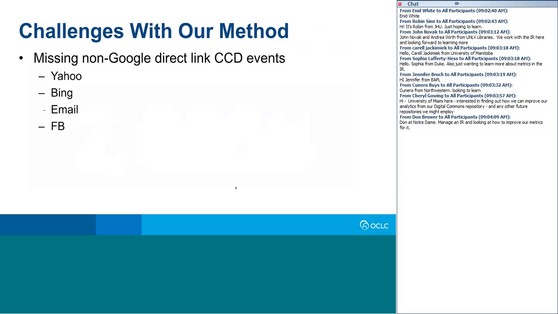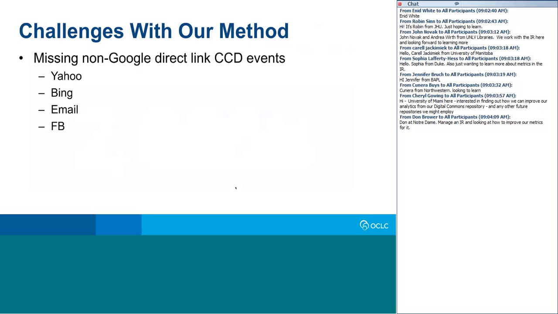So there were some challenges with the method that we developed. The first is that because it's Google Search Console, it's only counting downloads that come from Google search properties. So Google Scholar, Google Images, and so forth. It's missing Yahoo, Bing, direct email, Facebook links, Twitter links, and so forth.